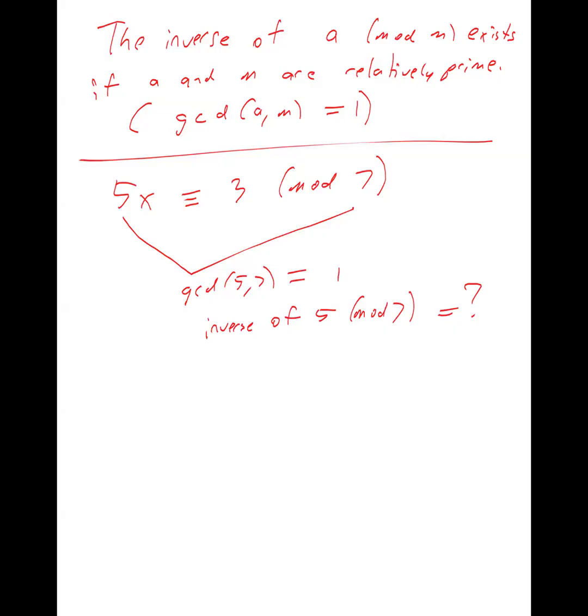Remember, there's still 7 options, 0 through 6. You can try them all one at a time. So basically, we're looking for a number.